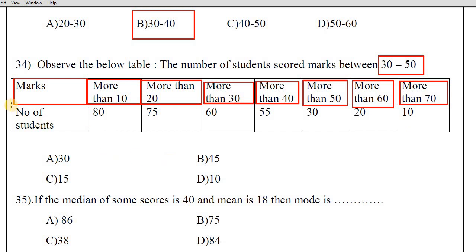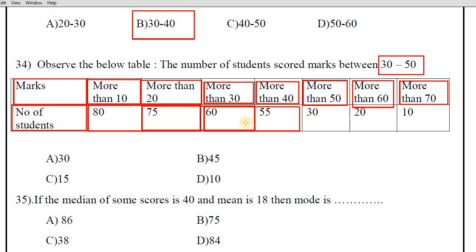And these are the cumulative frequency column. But we want to find the frequencies. How do you find the frequency, children? You find the difference of these two. 80 minus 75 is 5. Like that, 75 minus 60 is 15, and 60 minus 55 is 5.